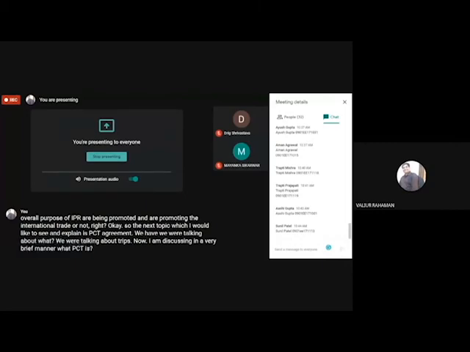PCT stands for Patent Cooperation Treaty. It is an international patent law treaty, okay, which was concluded in 1970. It used to provide a unified procedure for filing patents.